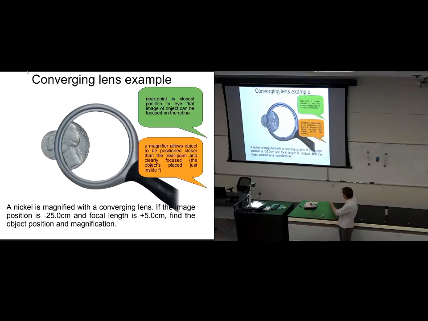So it looks like it's behind the magnifier here. So that's what the minus sign means here. It's not on the side where the light went to, it's on the side where the light appears to go from. That's the meaning of the minus sign there.